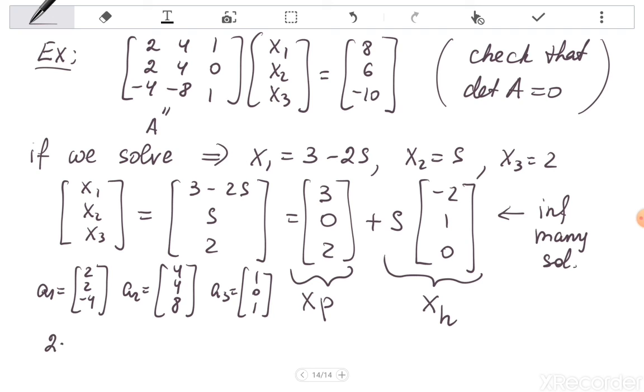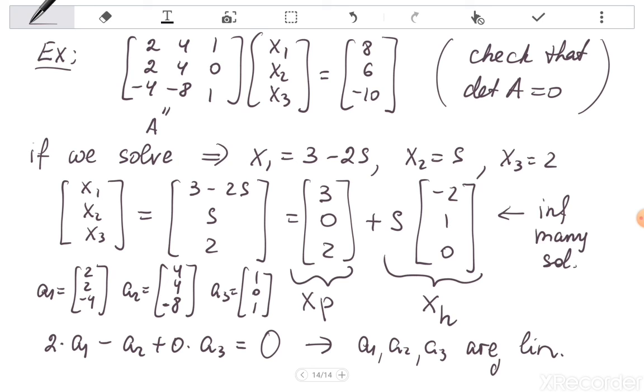This is 2 times A1 minus A2 plus 0 times A3. Indeed, 2 times A1 will be 4, minus 4 is 0, 4 minus 4 is 0, and minus 8 plus 8 is 0, so we get 0. So it means that A1, A2, and A3 are indeed linearly dependent.